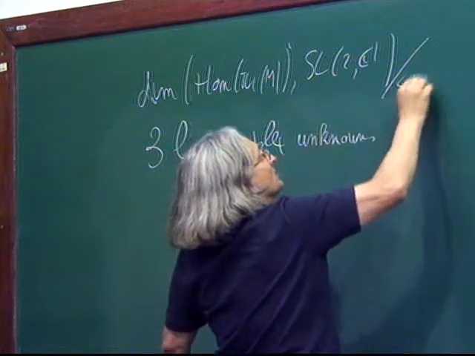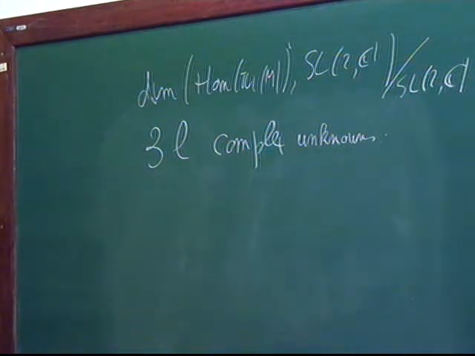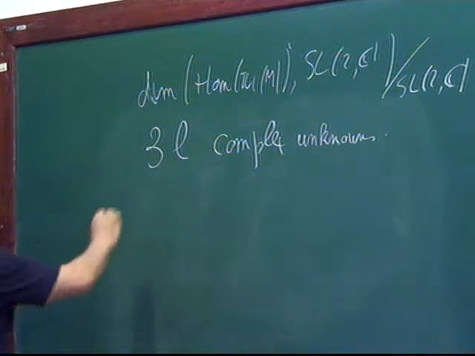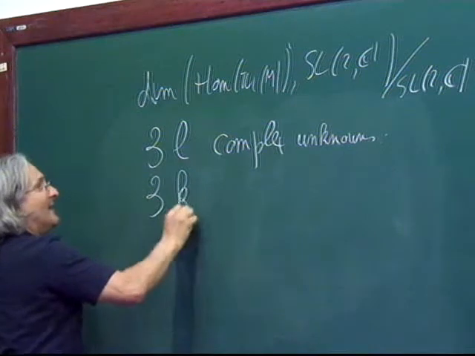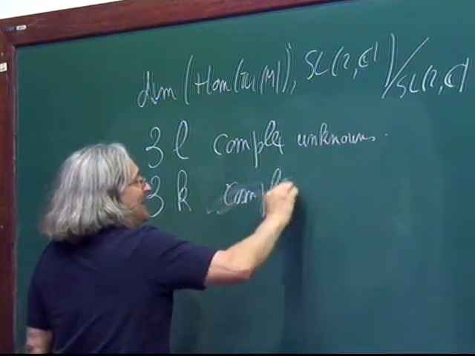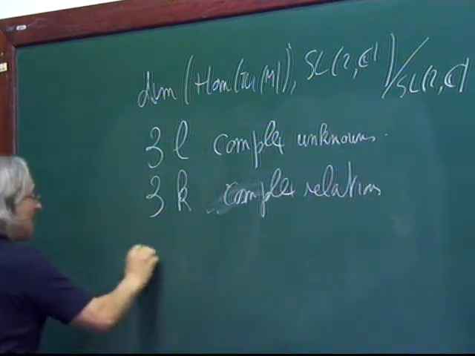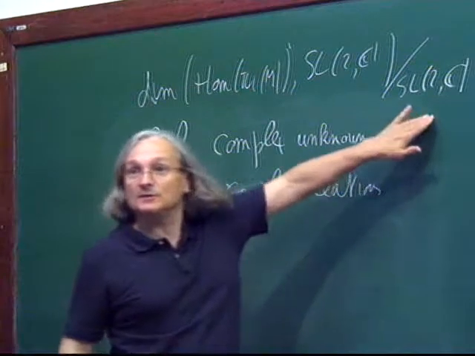I want to look at the quotients. I have one relation for each two-dimensional cell. So I have 3K complex relations. And I should subtract 3 because of this quotient.